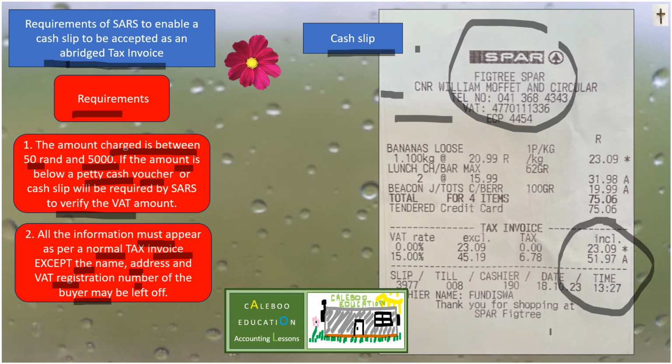So I made this purchase here from the local SPA. The information of the SPA, the seller, is on this document. There's a VAT number, but my details do not appear on this document. The details of the buyer may be left off.